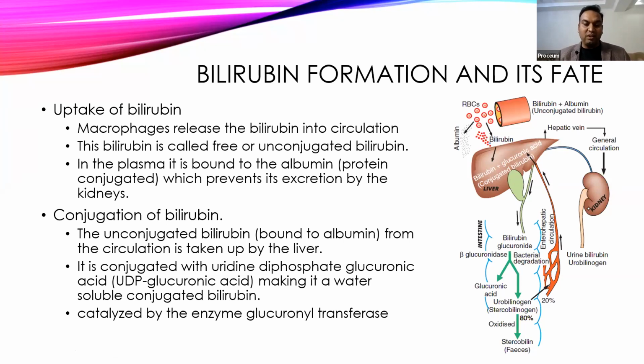In the liver, this unconjugated bilirubin bound to albumin will be converted into conjugated form by an enzyme called glucuronate combined with uridine diphosphate glucuronic acid, making it water soluble, called conjugated bilirubin, and this reaction is catalyzed by glucuronyl transferase.